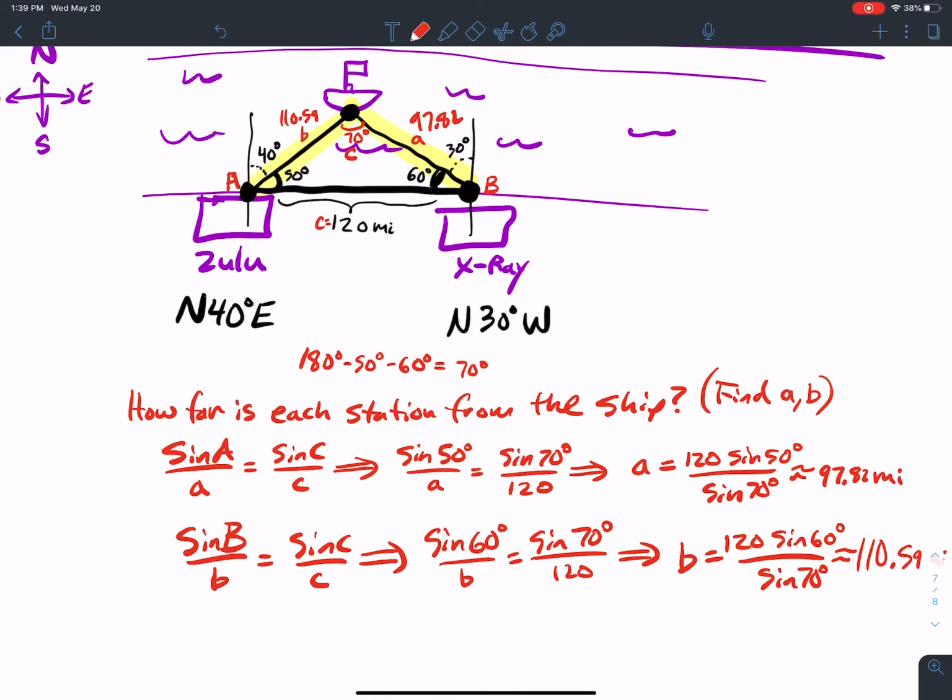Okay. The next question is, if a helicopter capable of flying 200 miles per hour is dispatched from the nearest station to the ship, how long will it take to reach the ship? So the helicopter can fly 200 miles per hour.